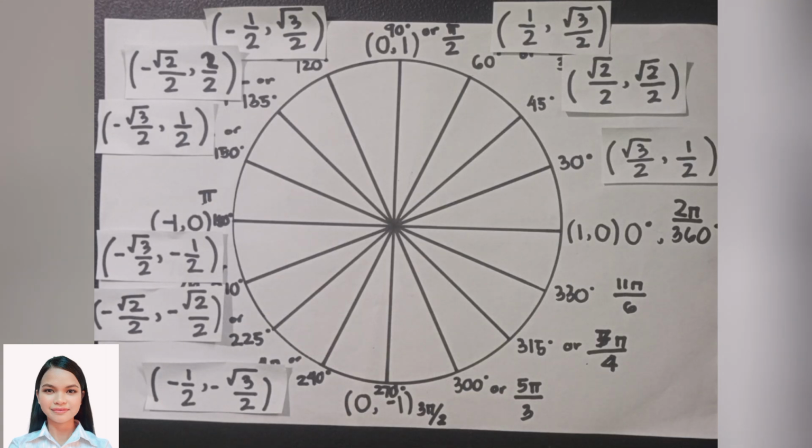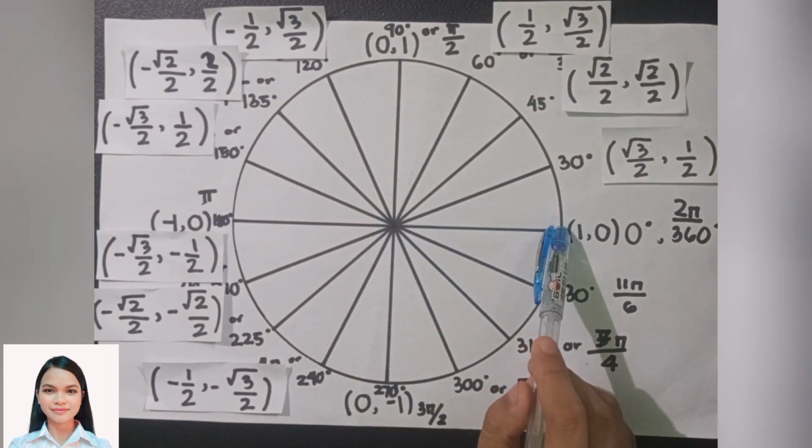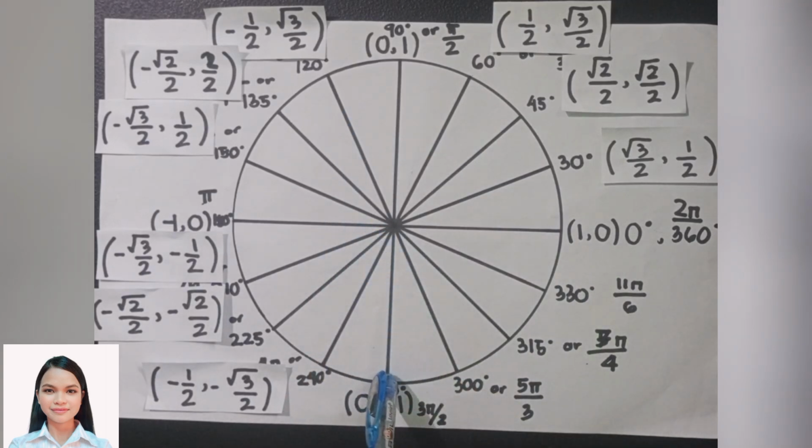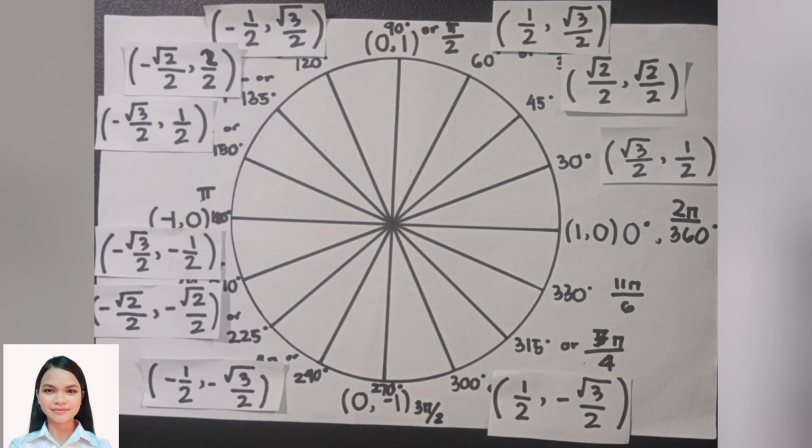For the last quadrant, or quadrant 4, notice that the x-axis is in a positive area and the y-axis is in the negative area. So the x values will be positive and the y values will be negative. So for 300 degrees, the ordered pair is 1/2 and negative square root of 3 over 2.